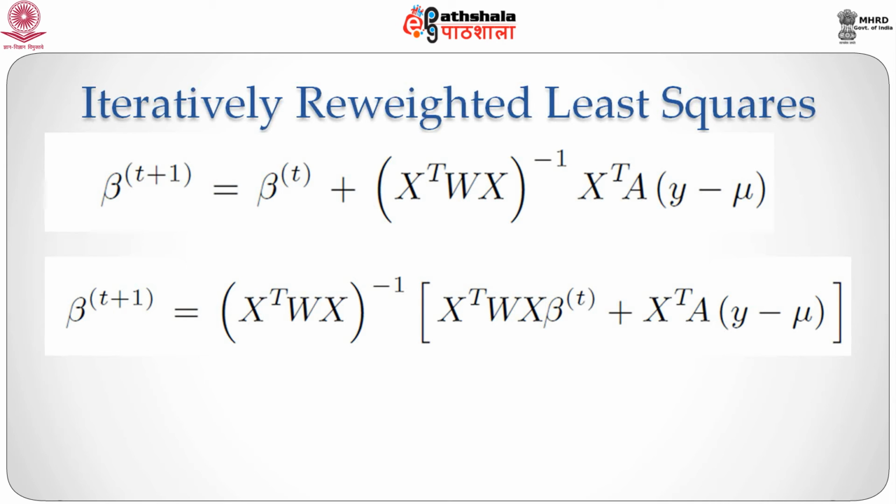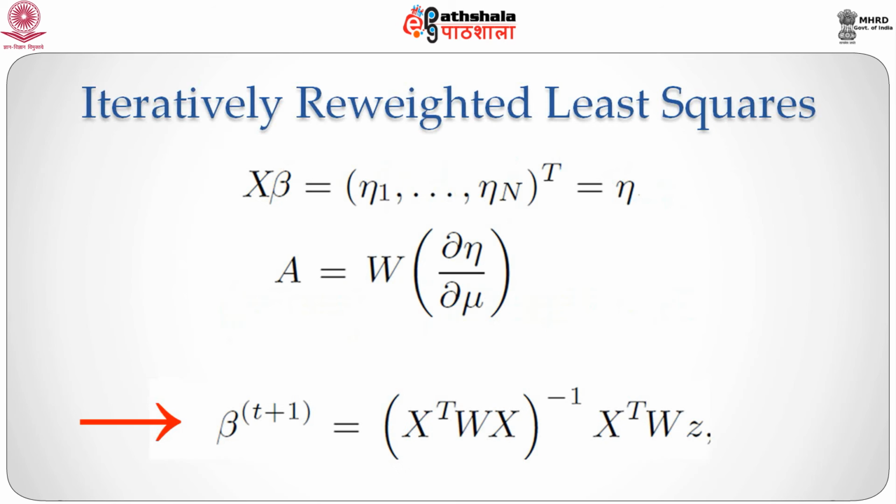Now note that beta t plus 1 equal to beta t plus (X'WX) inverse into X'A (y minus mu) can be rewritten in this form. Beta t plus 1 is equal to (X'WX) inverse into X'WX beta t plus X'A into (y minus mu).